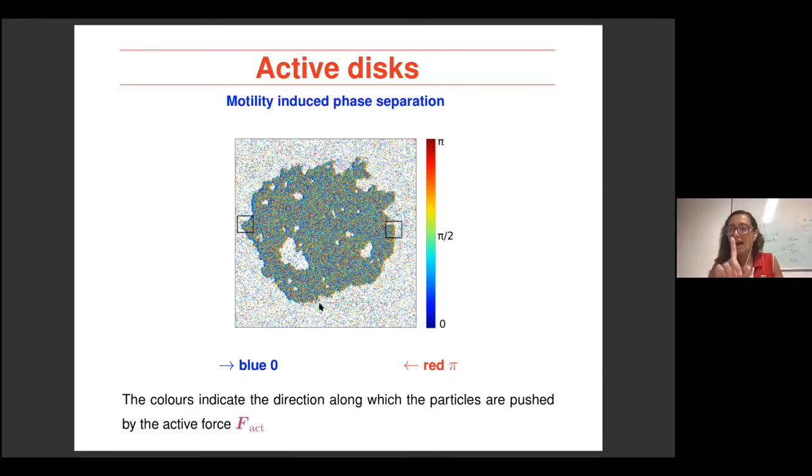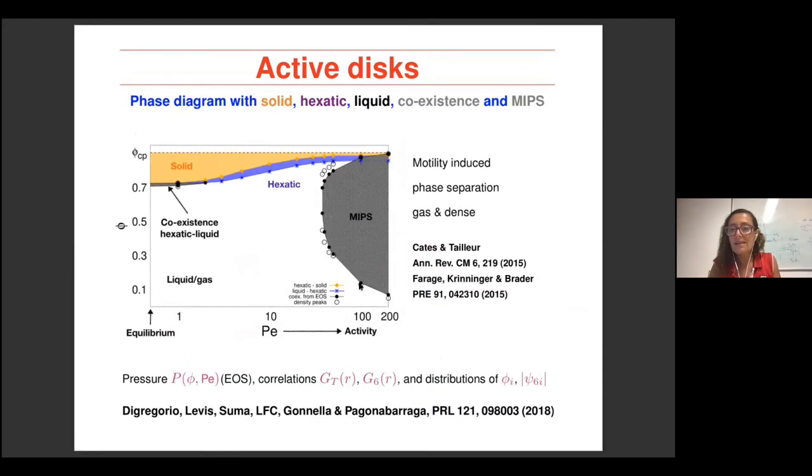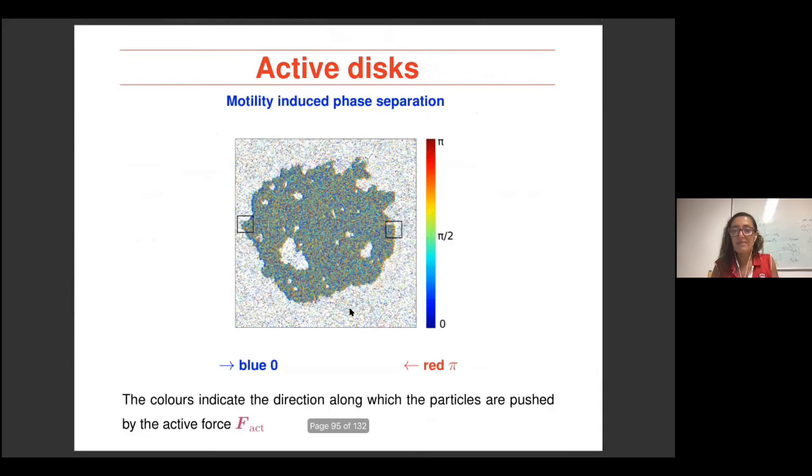The ones on the bottom push up, holding the droplet together in this way. So new particles tend to aggregate onto the droplet, and the ideal concentration of the droplet is given by this density here, and that of the gas by this other density here, for parameters within the MIPS region.